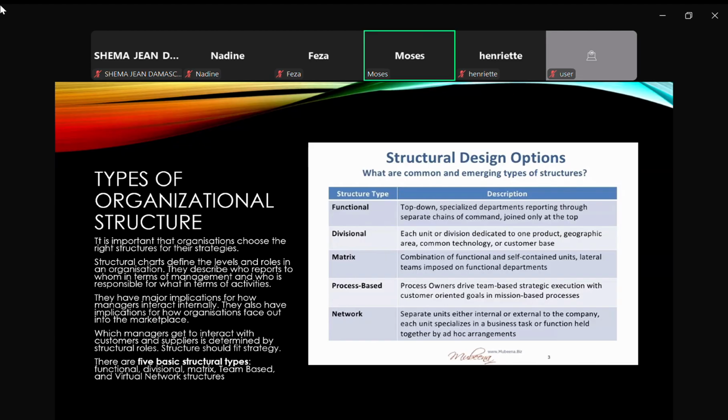Functional, divisional, matrix. And of course, remember to check advantages and disadvantages.